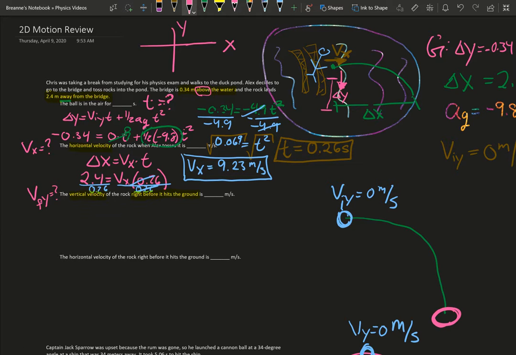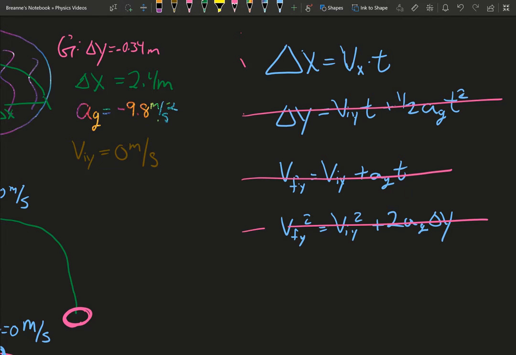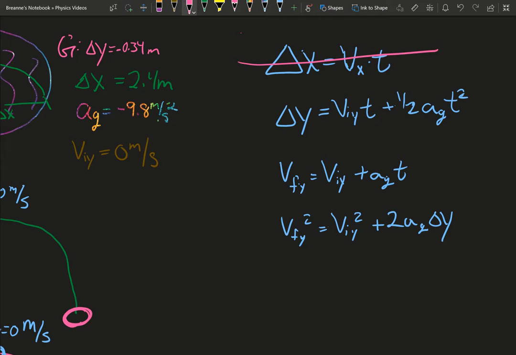That's our final velocity. So again, we're going to go over here to erase our work so we can get a fresh start. So we're looking for our Vfy. So let's mark out all the equations that don't have Vfy. That equation doesn't. That equation doesn't. This one does. That one does. So let's see if we have everything we need.